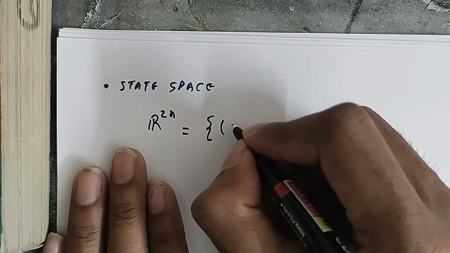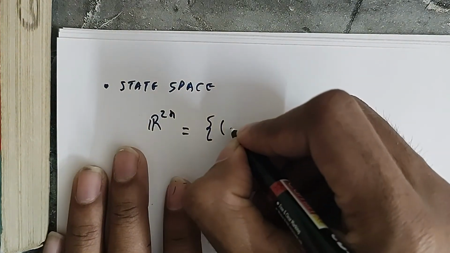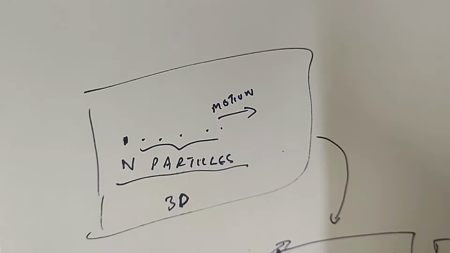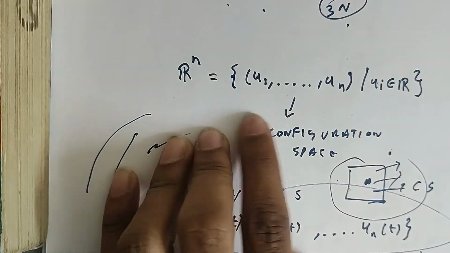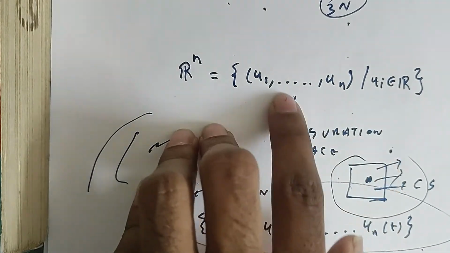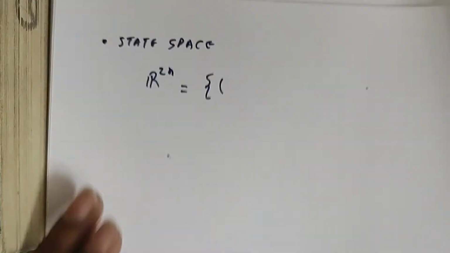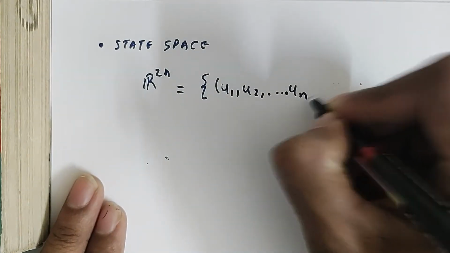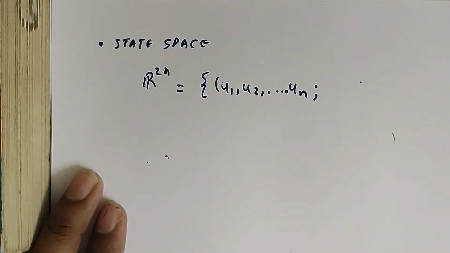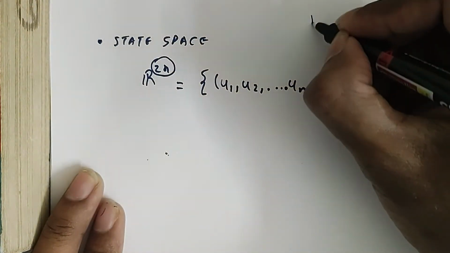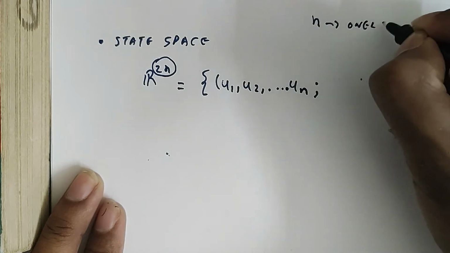Now, what we had initially was just u1, u2. Initially, we defined our configuration space in this order. These are the elements, right? We just had the positions. Say we just relabeled the coordinate system, and we got this. Now, what I will have instead is u1, u2, up to u_n, and I'll also have, because it's a 2n dimensional space, it's not an n dimensional space containing only one element.